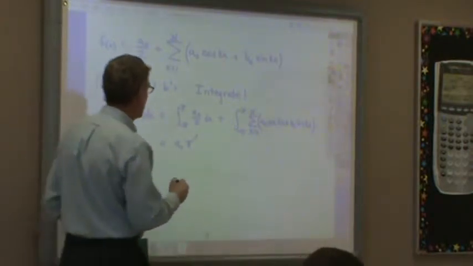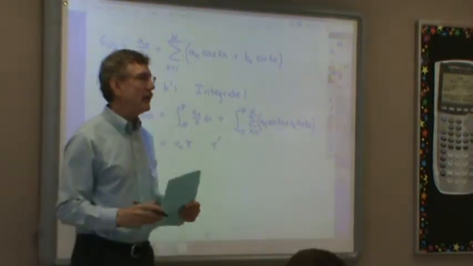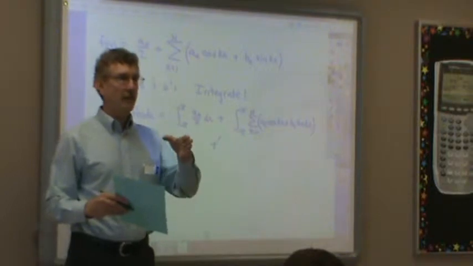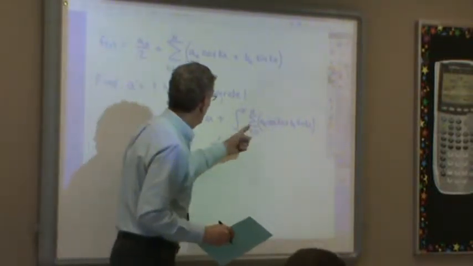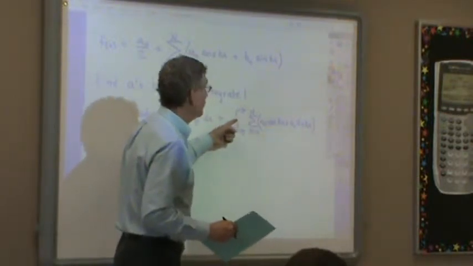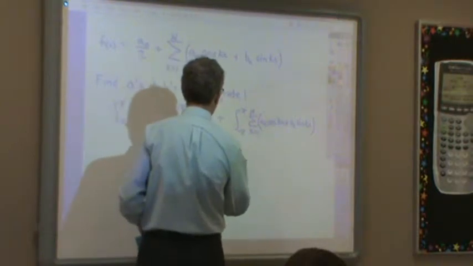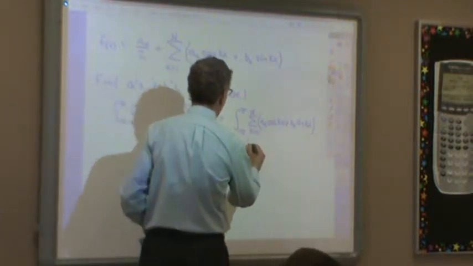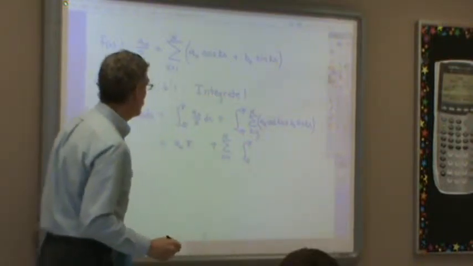Now, oh, this is ugly. Well, you must know that integration can be split over the terms of a sum. That is, if you have the integral of f of x plus g of x, you can integrate each of those separately. And so this summation and this integration can be swapped. So let's do that. k equals 1, and now I have the integral from minus pi to pi of a_k cos kx.